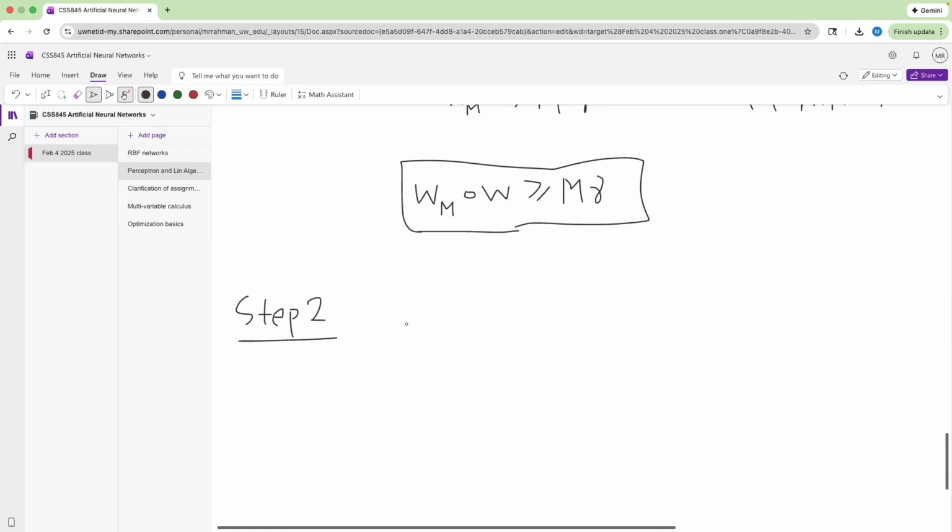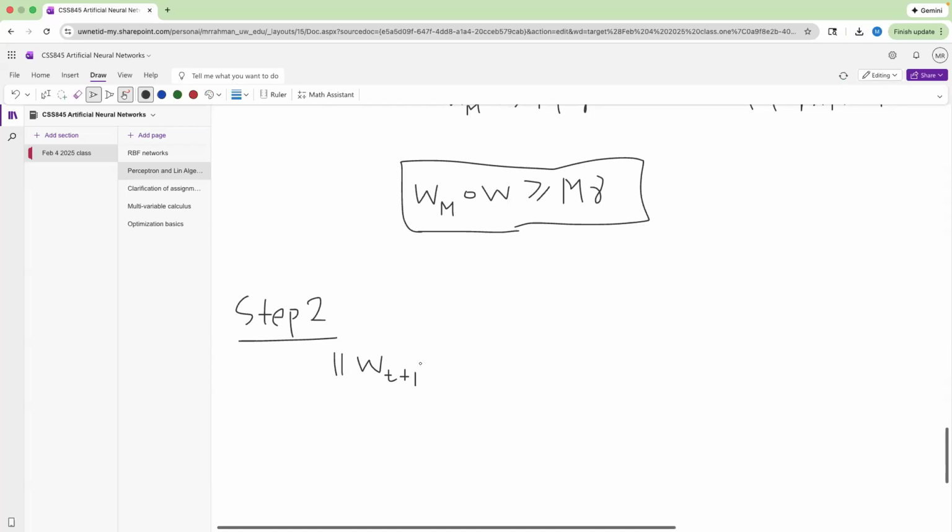Okay. So we've got a grip of how our algorithm's weight vector gets close to the optimal weight vector W. And now let's see what happens to the norm of the weight vector. We are going to look at what happens to the size of the weight vectors as we run these iterations.